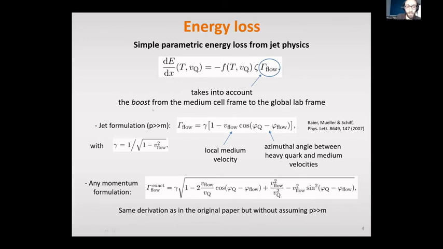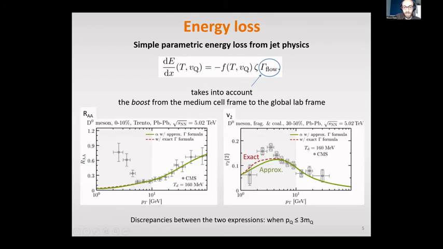We first used a formulation that came from jet physics that we found in this paper, but we soon realized that it was too limited to high momentum part of the physics. So we rederived this formulation without assuming the momentum to be much larger than the mass, and we got this new formula that is written here.